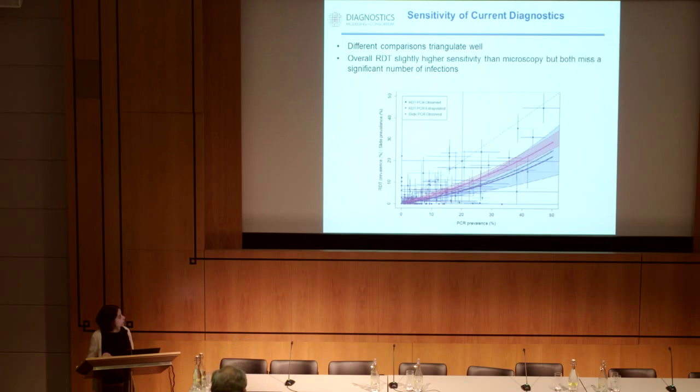The dark blue dots, towards the bottom, the dark blue line is the RDT PCR relationship directly from the observed. The pink line is the RDT PCR relationship if we went through microscopy and tried to predict it. So giving the same information, but again, dramatically showing you that you're probably missing quite a few infections in the population using either an RDT or microscopy.